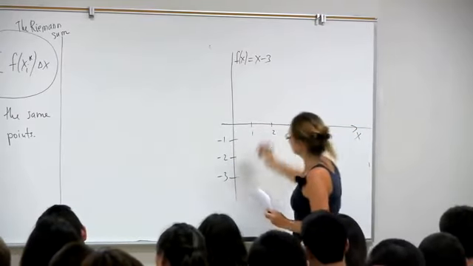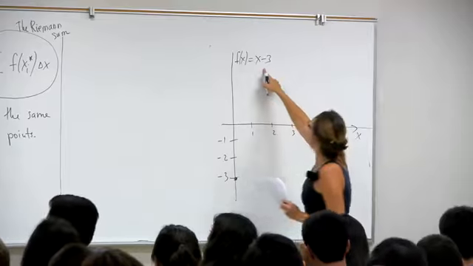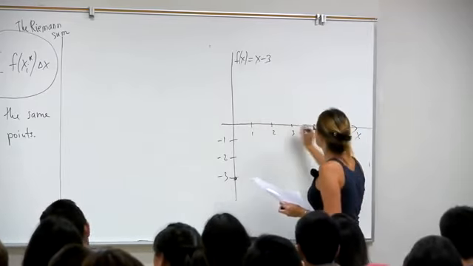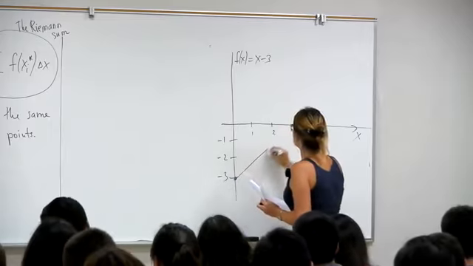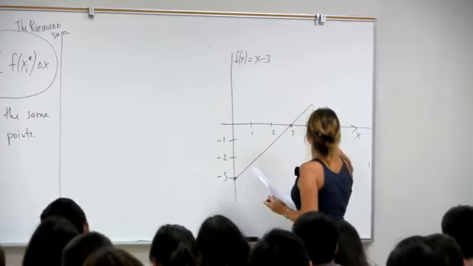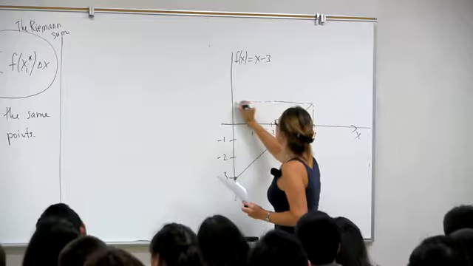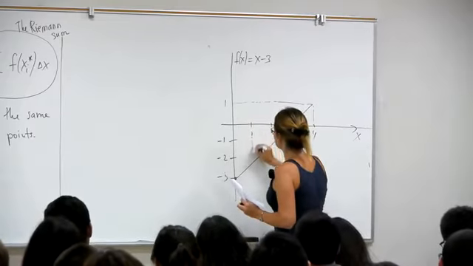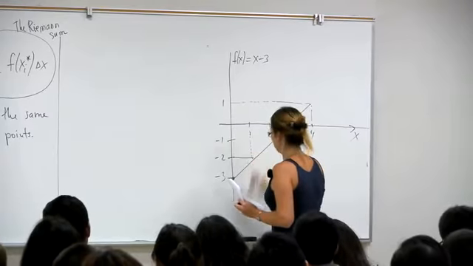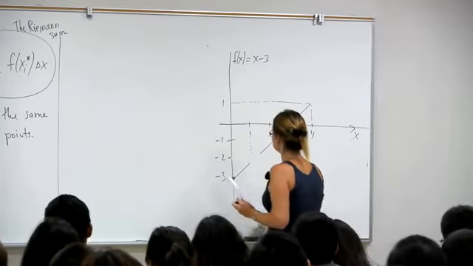At 0, we get minus 3. It crosses the horizontal axis at 3. Okay. Its value at 4 is equal to 1. Its value at 1 is given by 2.